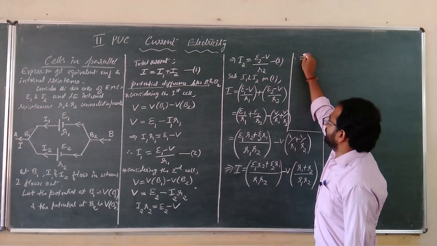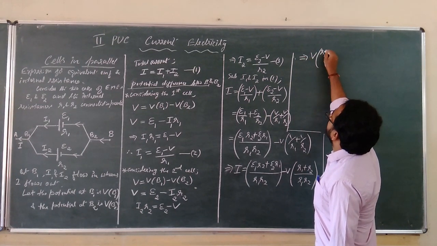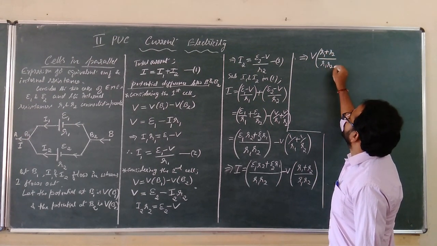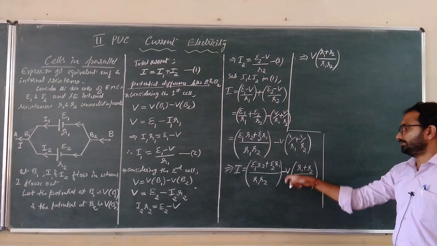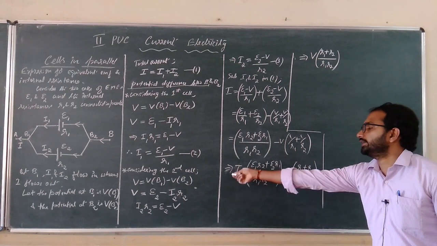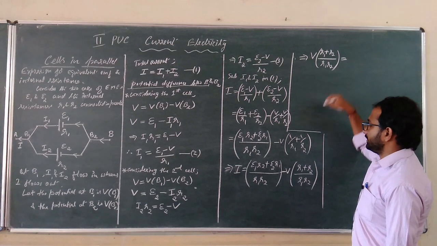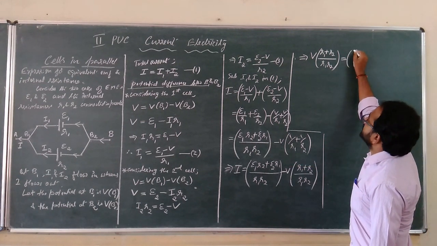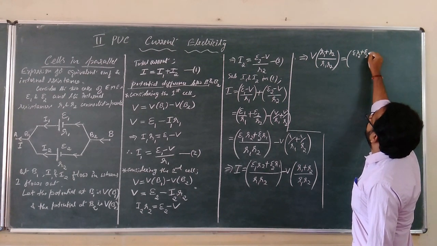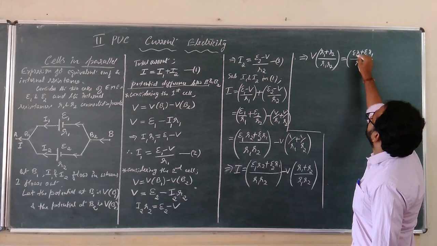So therefore this implies V into (R1 plus R2) divided by R1 R2. Okay, so when it is brought here, it becomes plus. So therefore that is equal to, here in the RHS, (E1 R2 plus E2 R1) divided by R1 R2.